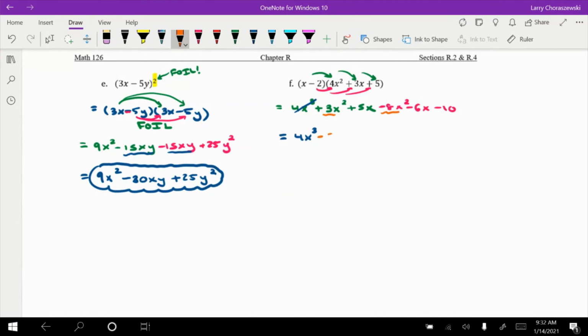So 3 minus 8 is negative 5, which is why I'm writing this as negative 5x squared. Then we have 5x minus 6x, which is minus 1x, which I'll write as minus x. And then, of course, minus 10, which we'll just copy back down.